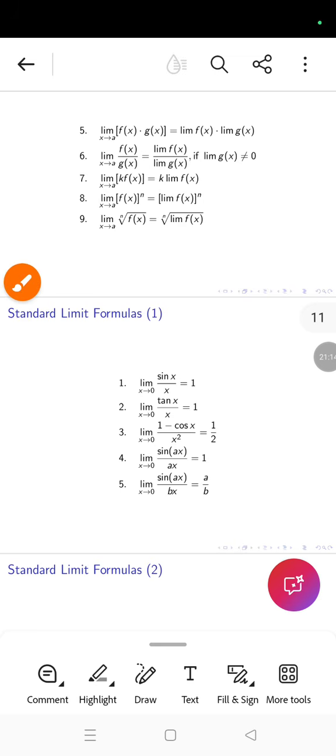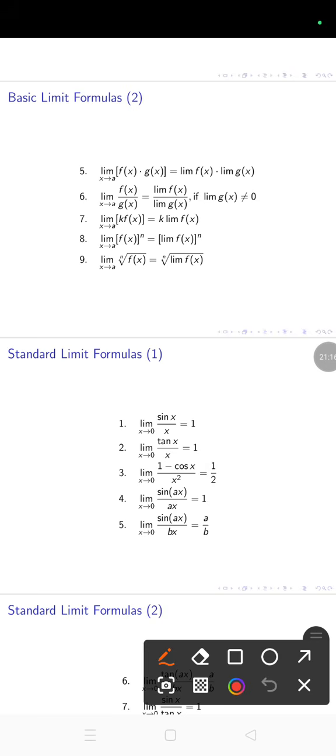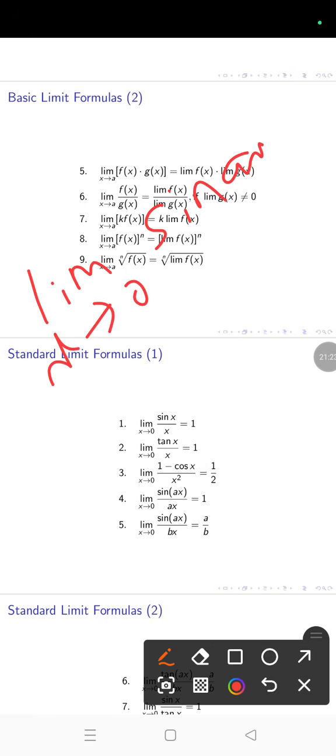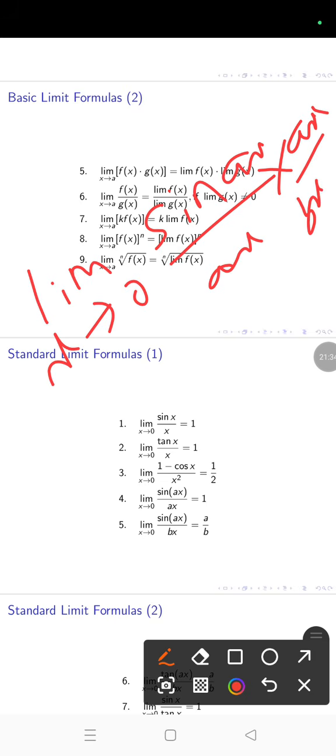So for this, we can write limit x tends to 0 sin ax by ax, multiplied by ax, multiply and divide by x, and we have bx in the denominator.